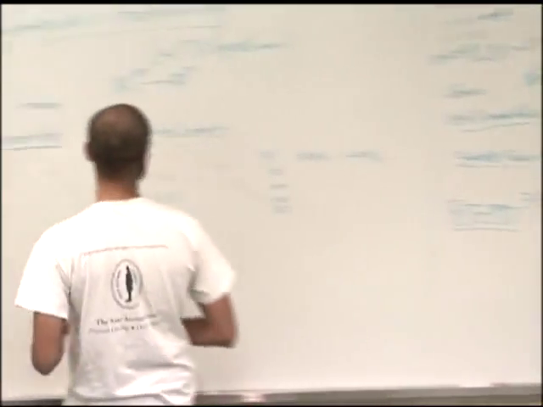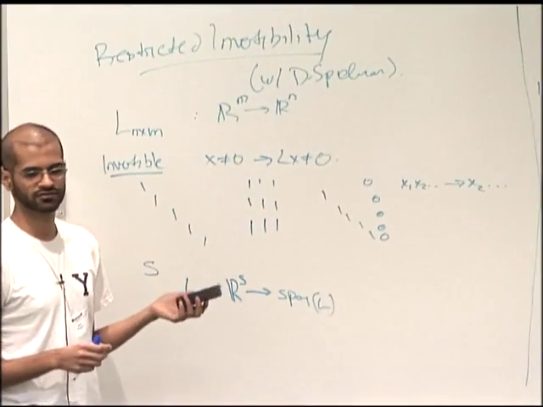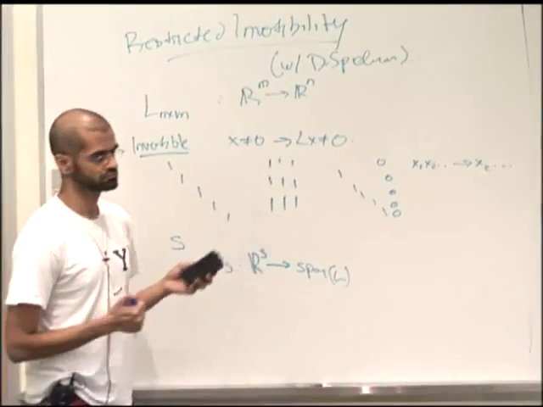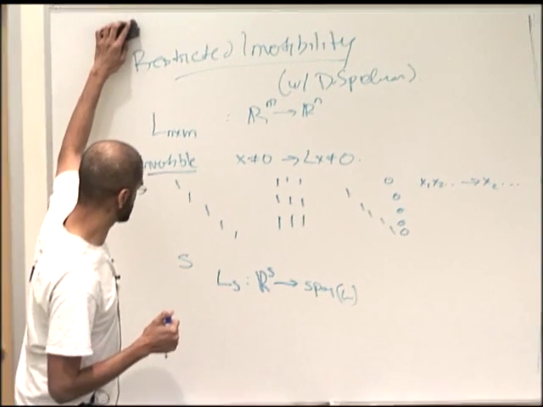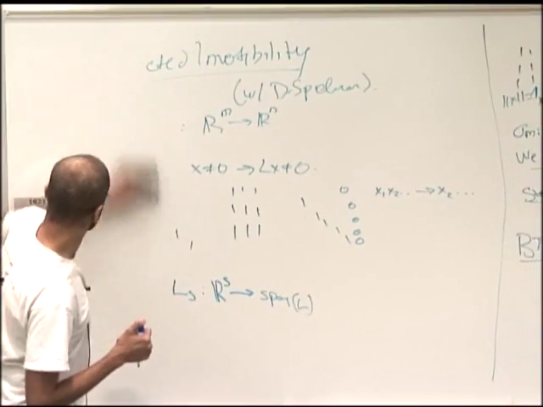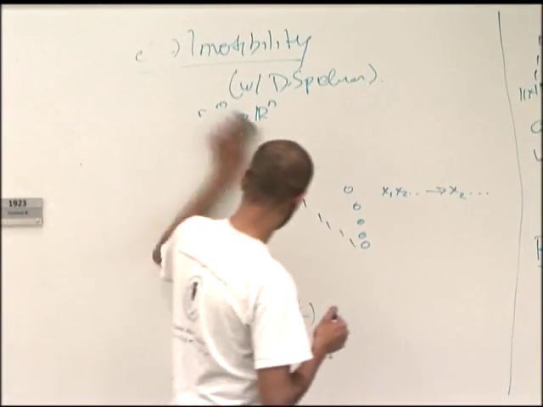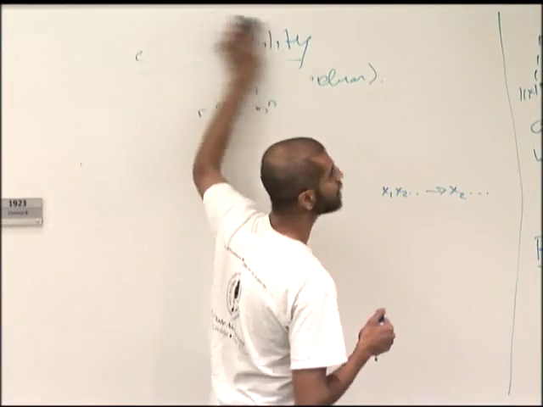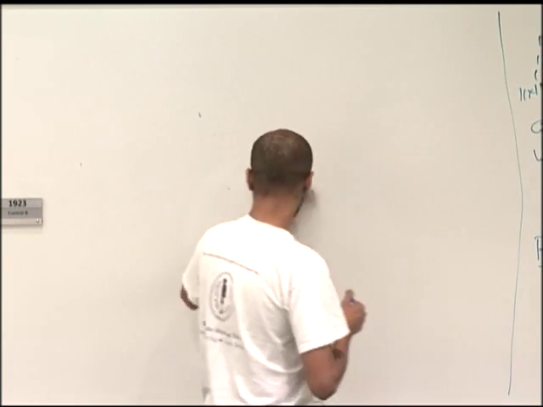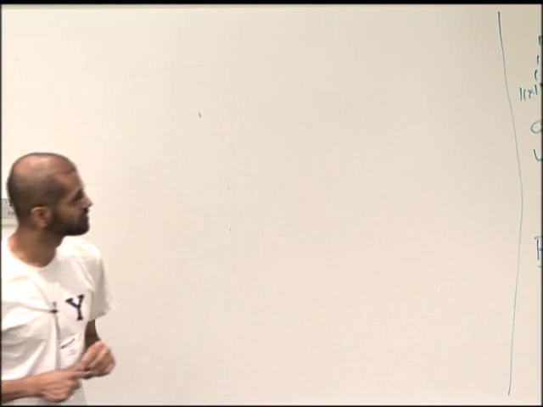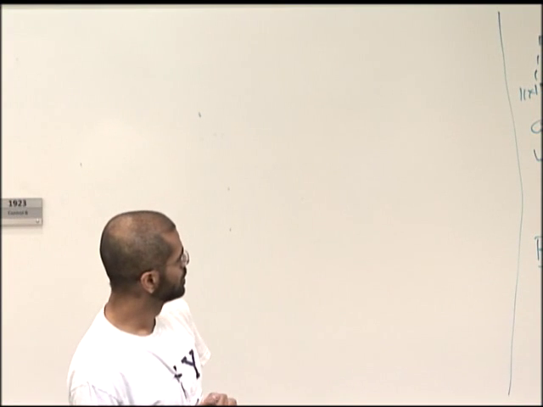Okay, so are there any questions about what the statement of the theorem is? Okay. So, let me sketch the proof. Are there other applications where the average column length comes up?